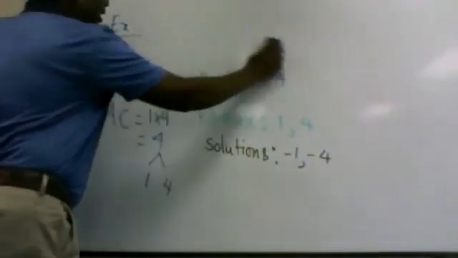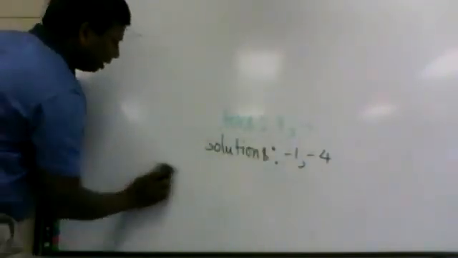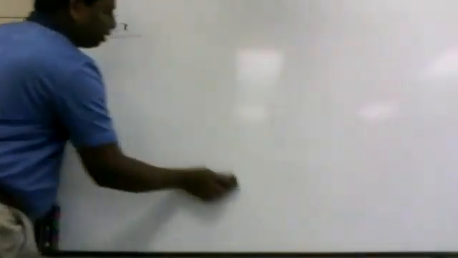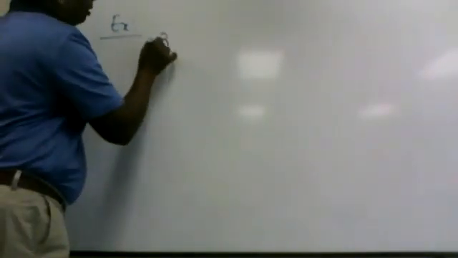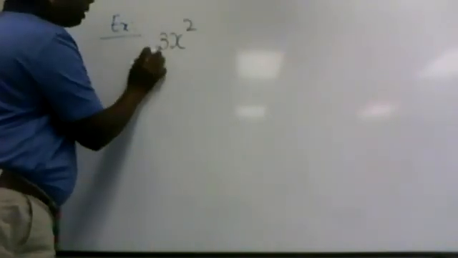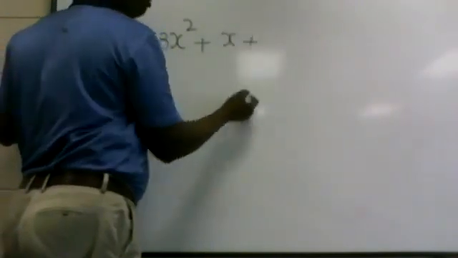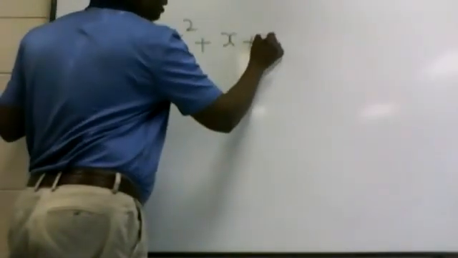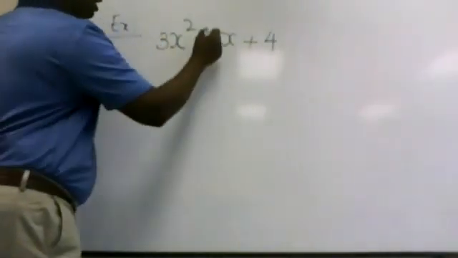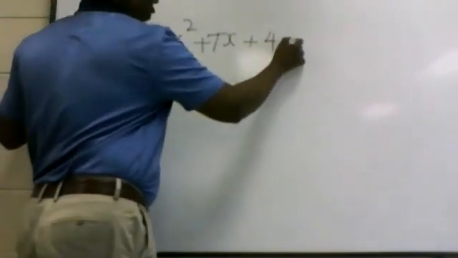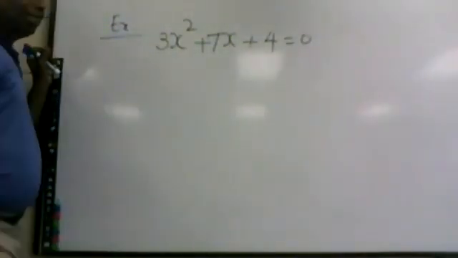Please look at the second one that I'm going to create. The second one is definitely going to be easier. It is built up with a number right in front of x squared. Now I'm just going to have one more number. Say, for example, 4, and I have 7 here, and I have created a quadratic equation.